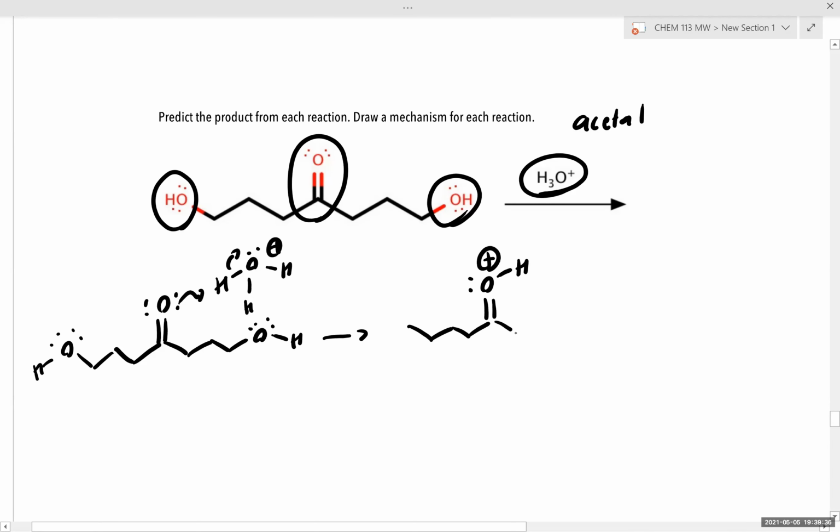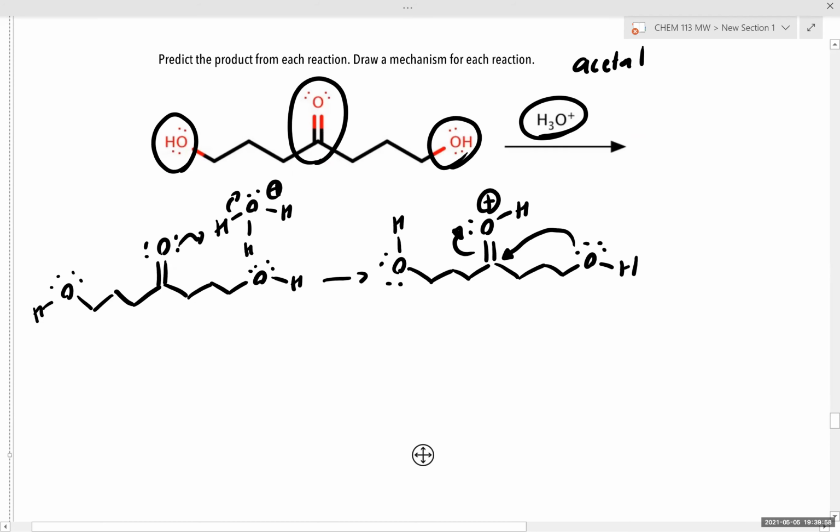In this case, rather than having our alcohol nucleophiles be external nucleophiles, we have an internal nucleophile. So our activated carbonyl carbon is going to be attacked by our alcohol in an intramolecular fashion.